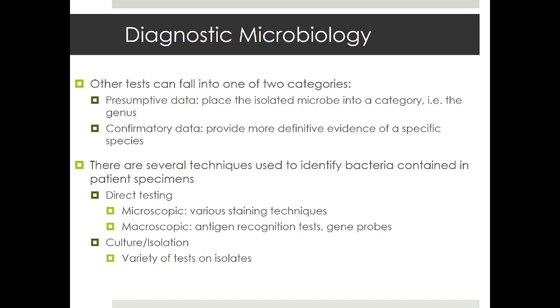They can provide presumptive data, where you're getting isolated microorganisms that can be placed into a category, like its genus, but you might not know the specific species. There's also confirmatory data that can provide definitive evidence for a specific species. We're going to talk about a number of different tests that either allow us to identify bacteria directly or culture and isolate them and then prepare them for further assessment down the line.